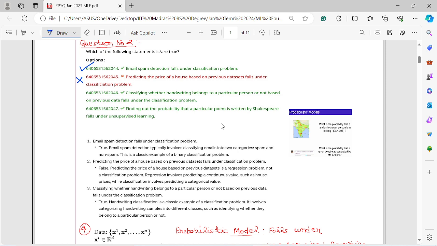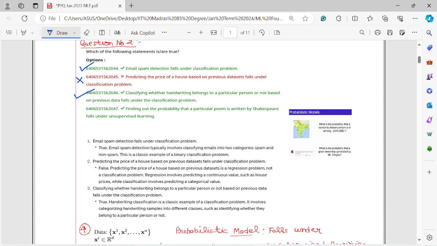For the third option, classifying whether handwriting belongs to a particular person or not based on previous data falls under classification problem. This is true, because handwriting classification is an example of a classification problem, as it involves categorizing handwriting samples into different classes, such as identifying whether they belong to a particular person or not.